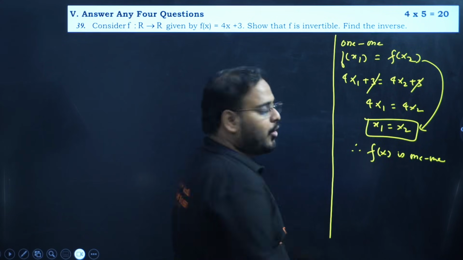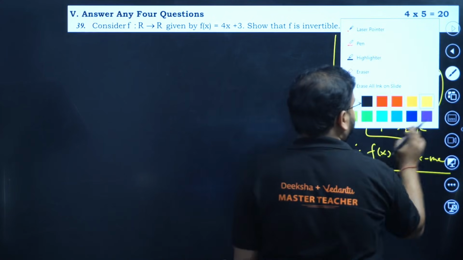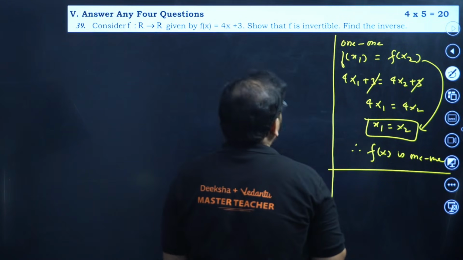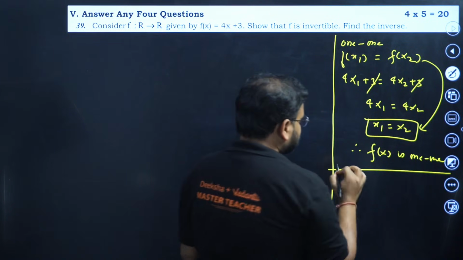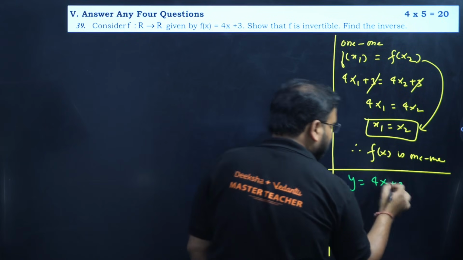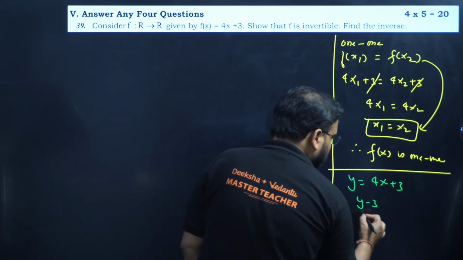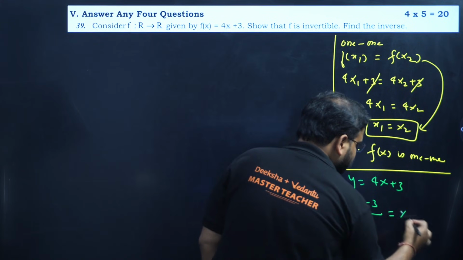Let's talk about onto now. What about onto, sir? Very simple. In this case, we'll write the function as y equals 4x plus 3 and get the value of x from here. You'll get (y minus 3) upon 4 as x.